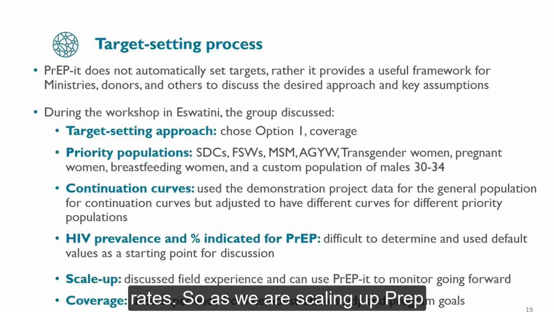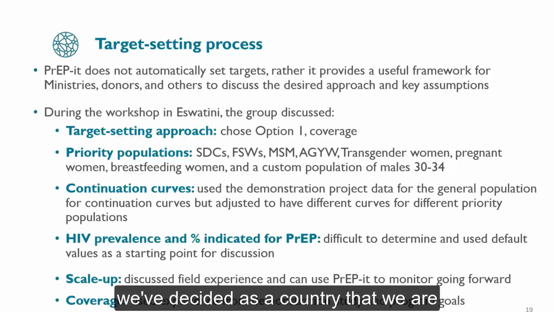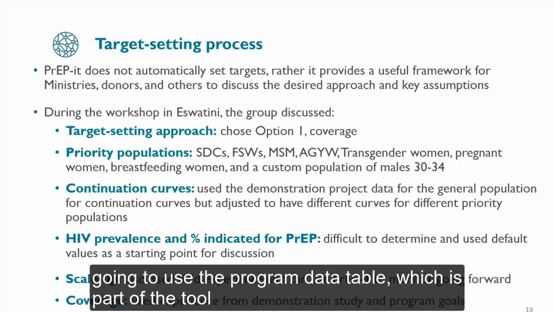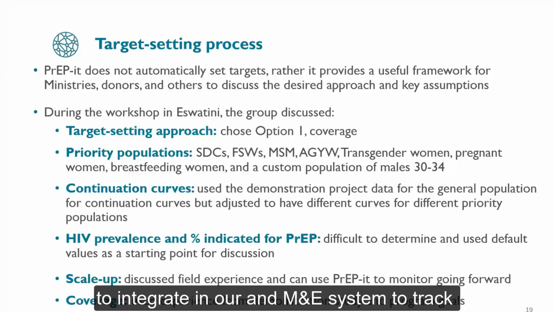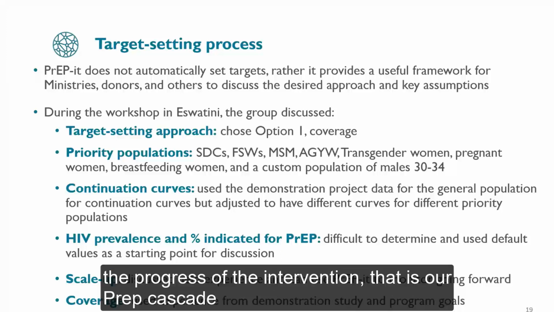As we are scaling up PrEP, we have decided as a country to use the program data tab, which is part of the tool, to integrate into our M&E system to track the progress of the intervention. That is our PrEP cascade.